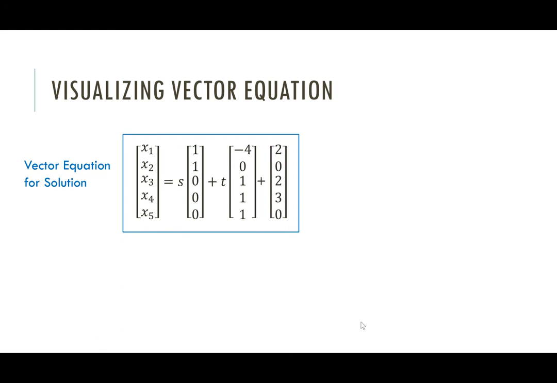And again, the whole point of vectorizing solutions is so that we can have a concept of what the solution looks like. And here, okay, we have 5 unknowns. So we're in 5-dimensional space. And it turns out that this equation represents a 2-dimensional plane in 5D space.